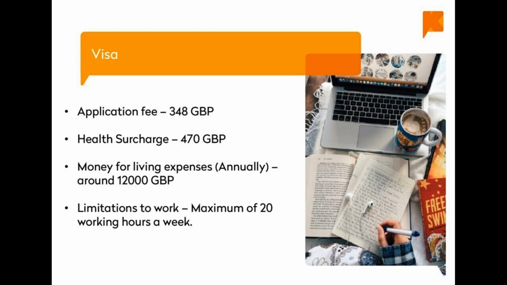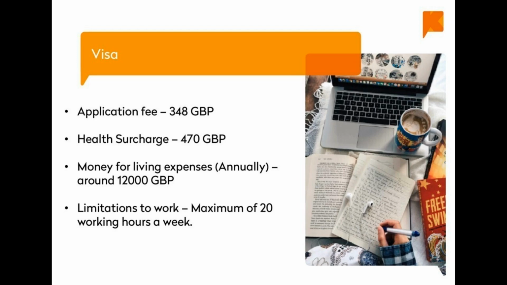Then you need to show, in some cases, the living expenses. So you need to show that you have at least some money in your bank account in order to be able to survive in the United Kingdom. So this could or could not be checked.